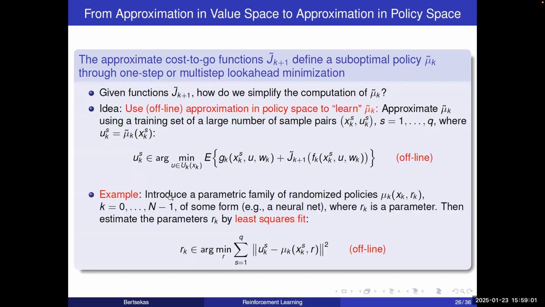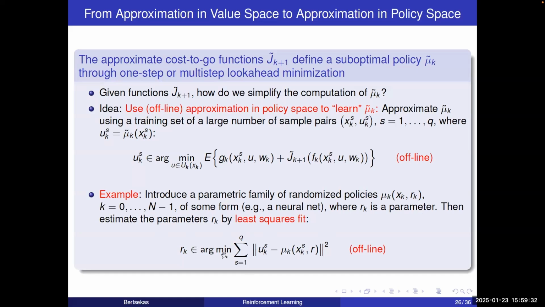And then we use those as target data in order to train a policy, where this policy is parameterized by rk of a certain form. So this rk is the thing we want to learn. Then we estimate or compute a parameter rk such that it minimizes this least square error.